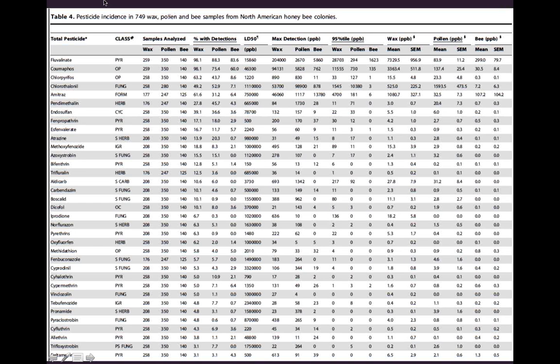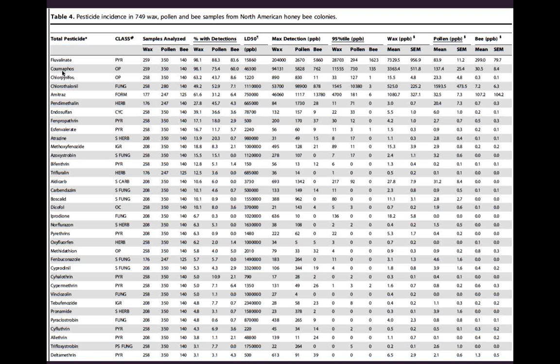So, a few things come to mind. The top two chemicals that were found in wax, pollen, and bee samples, not surprisingly, were the pyrethroid fluvalinate and the organophosphate coumaphos, which are the two most widely used beekeeper-applied miticides to control the varroa mite that I just talked about.